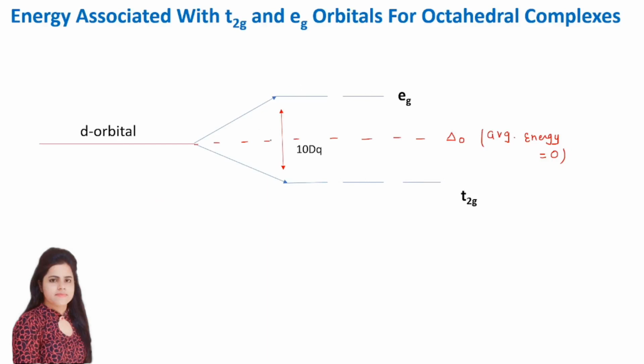If you see, this is the 10 Dq value. 10 Dq, or CFSE, is the energy gap between the eg orbital and the t2g orbital.